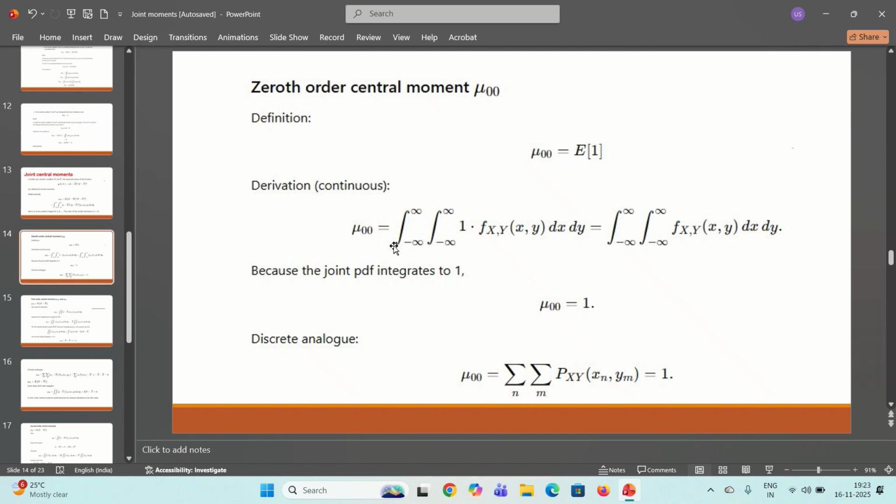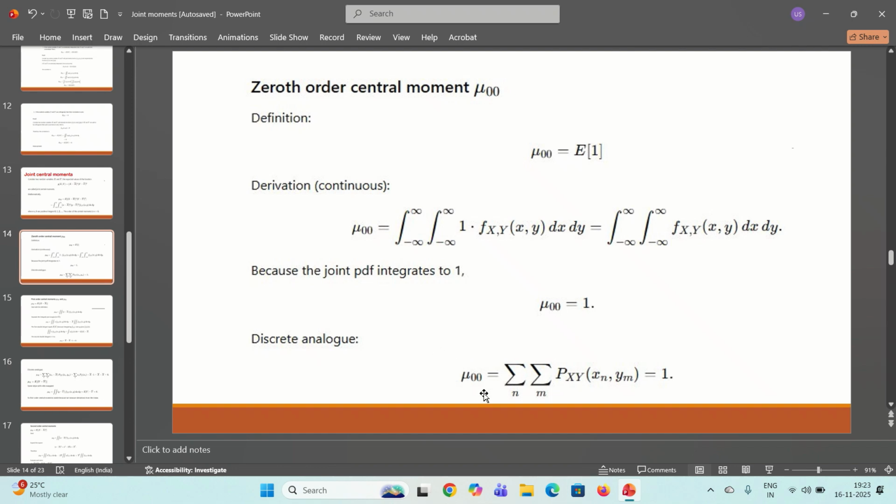Mu 0 0 is equal to the double integral from minus infinity to infinity of 1 into f x comma y of x comma y dx dy, that is equal to the double integral of f x comma y of x comma y dx dy, because the joint probability density function integrates to 1. That is, mu 0 0 is equal to 1.